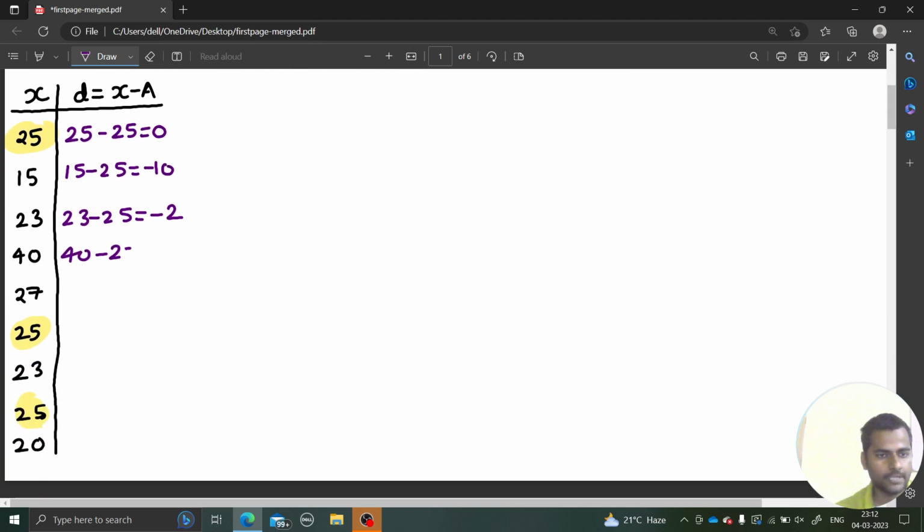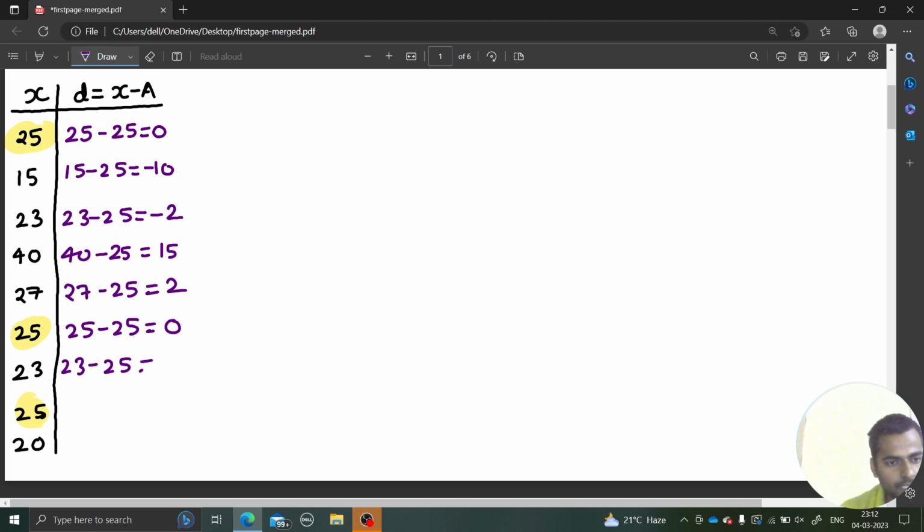So 40 minus 25 is 15. You can take, as I told, any value. Now 27 minus 25 is 2. 25 minus 25 will be 0. 23 minus 25 will be minus 2, and 25 minus 25 will again be 0, and 20 minus 25 will be minus 5.